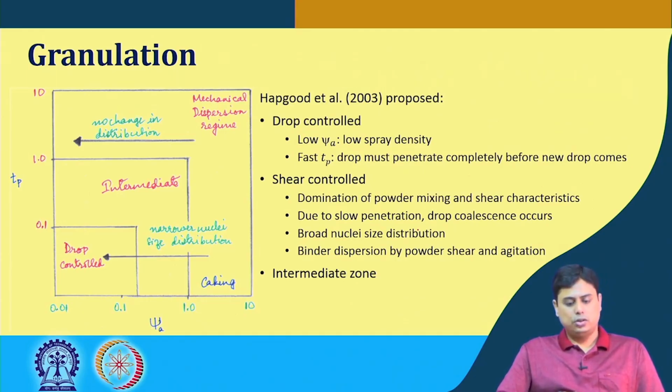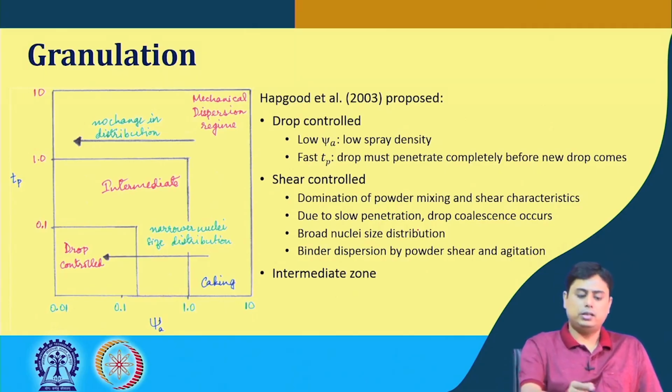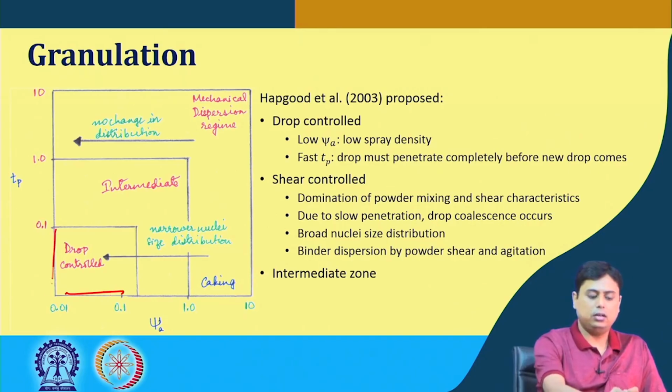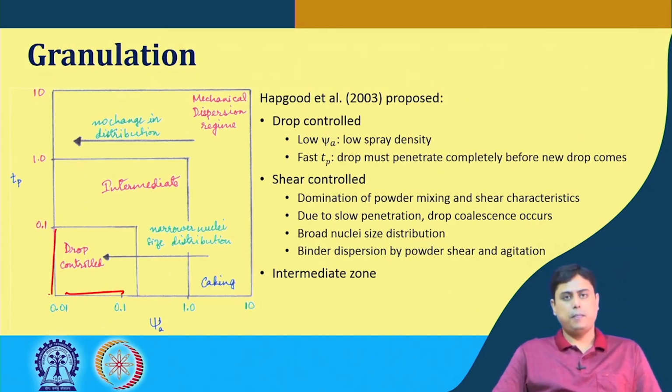One is the droplet controlled, which we have discussed, we have seen what should be ideally in that scenario, that it appears in the low value of the flask and a very fast penetration time. So, the drop can penetrate completely before the new drop comes. This is the ideal case, that is called the drop controlled nucleation regime.